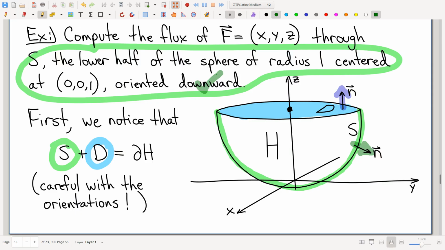Everybody see that? Okay, so let me emphasize this boundary.